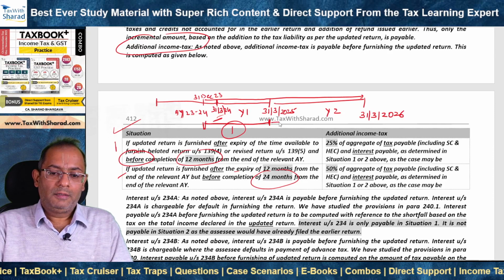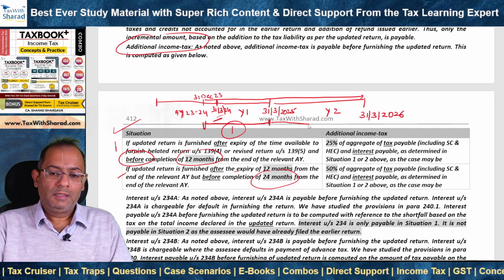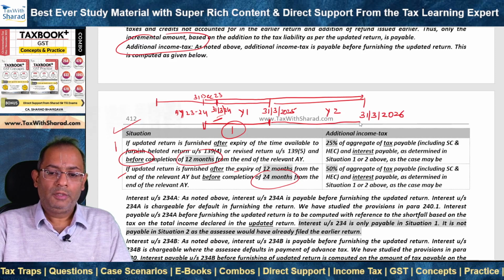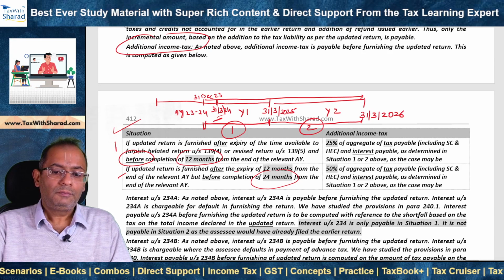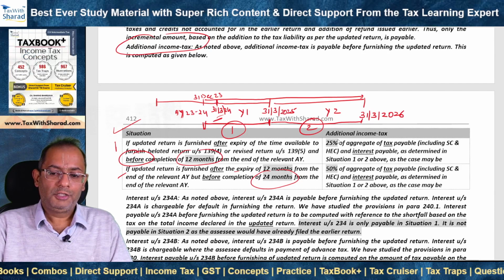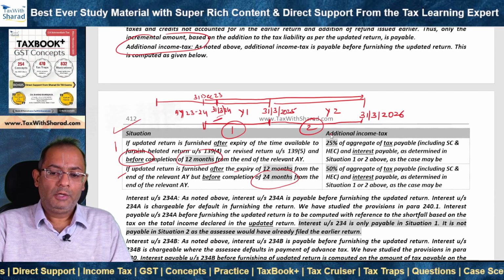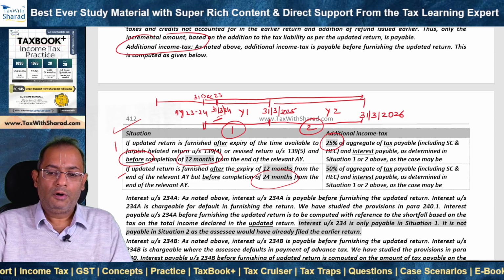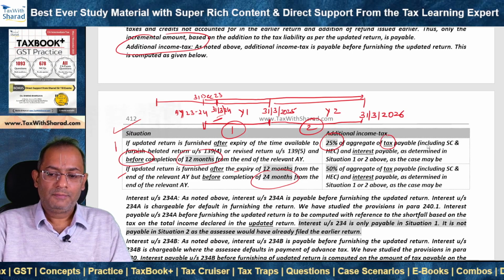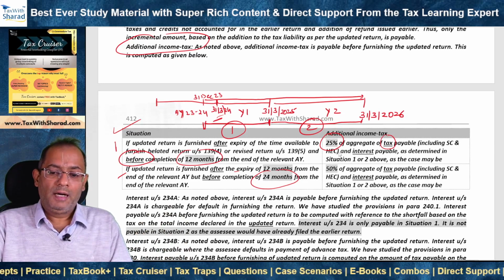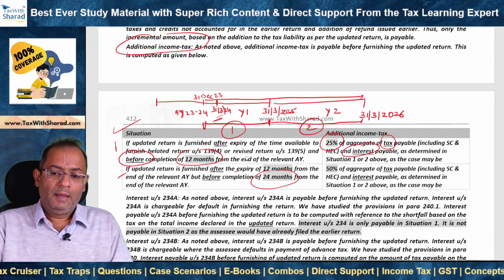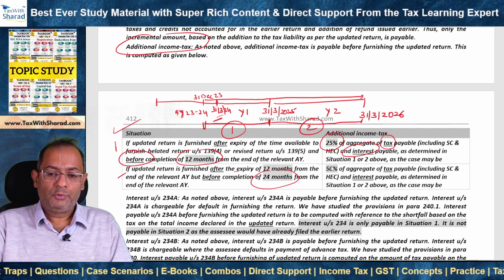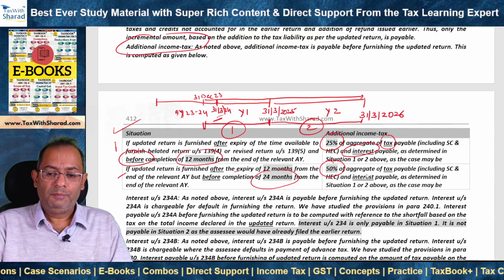And if the updated return is furnished after this date and up to the end of 24 months, then this is situation 2. In situation 1, additional income tax is equal to 25% of the aggregate of tax, including surcharge and cess, and interest payable. And in case of situation 2, this 25% is enhanced to 50%.